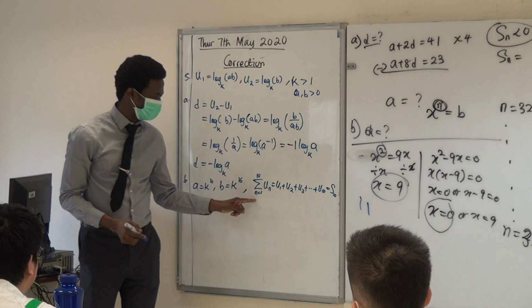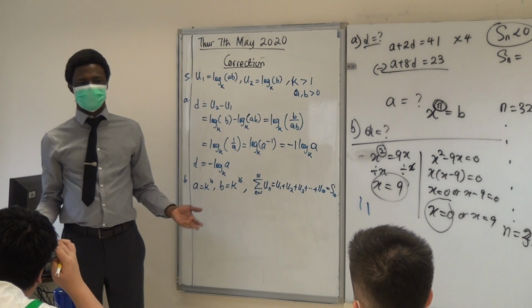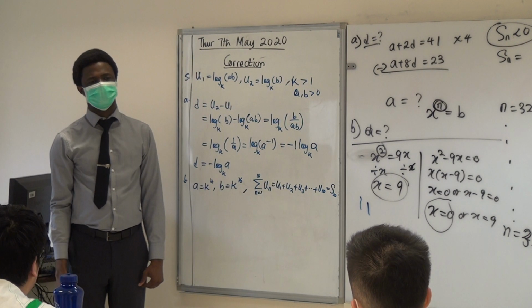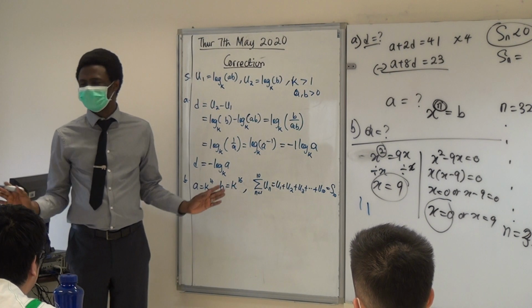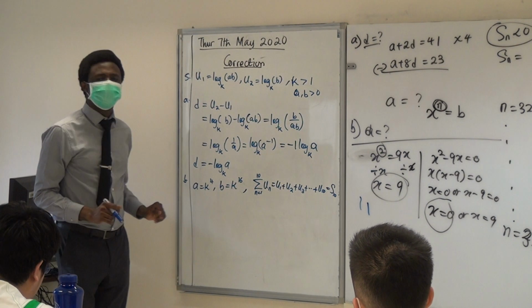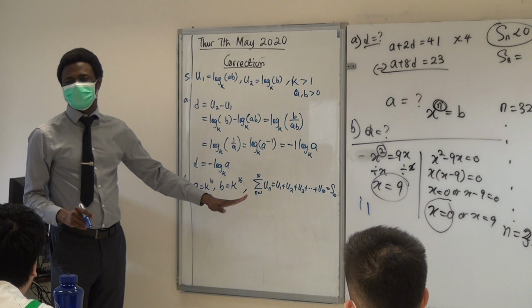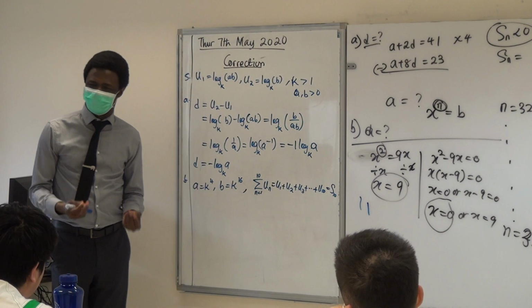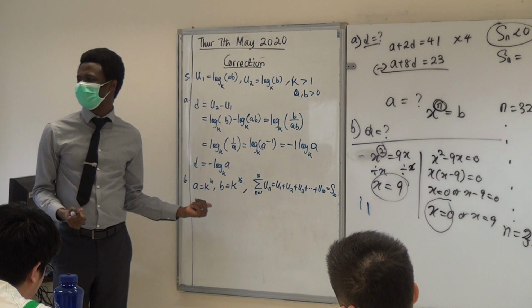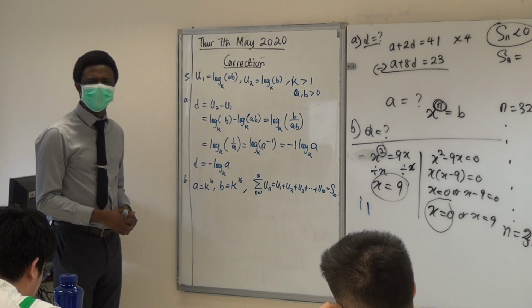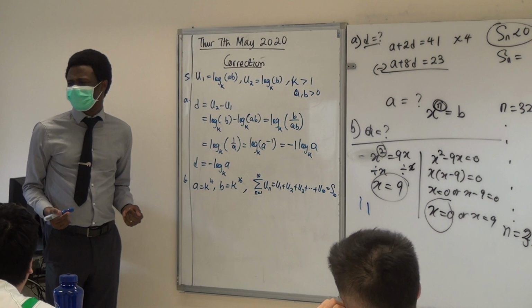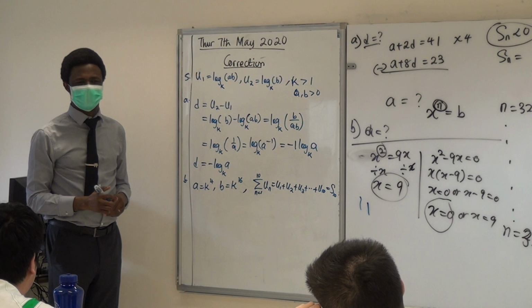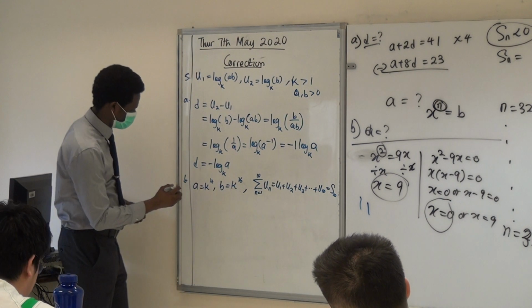Instead of saying find S10, they just put it in sigma notation. It's just to confuse you. Don't be confused. Many of you actually did this, but I'm not sure if you really understand why it is S10. That's why I really want to mention it. It's like, well, they have to be asking us for S10. I'm just going to write it whether it's right or wrong. And that's a good guess for somebody.